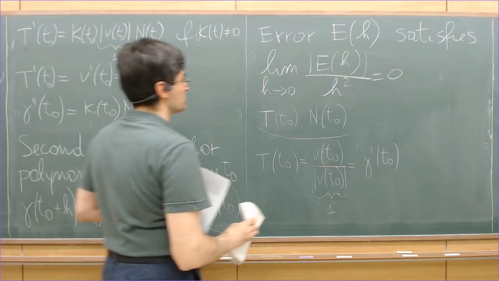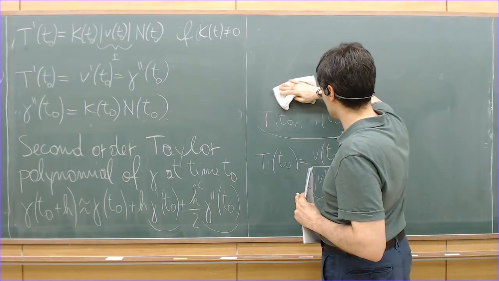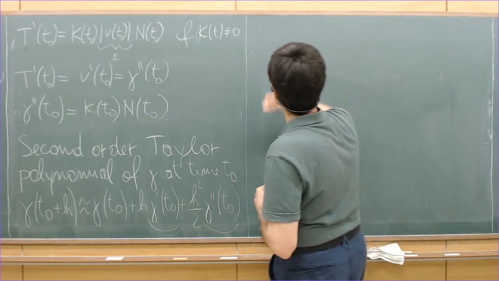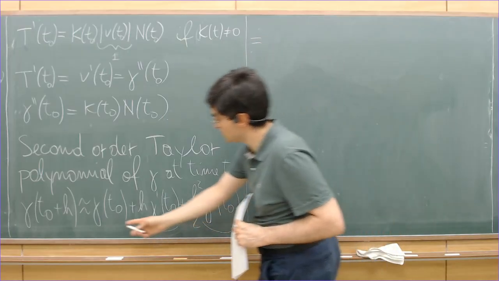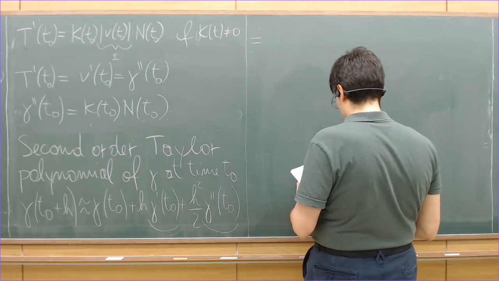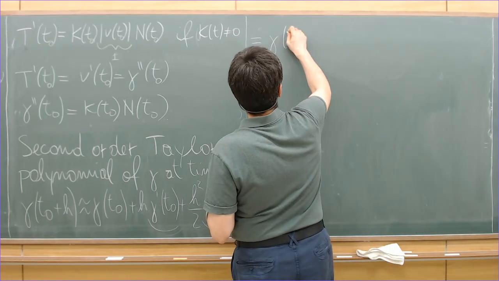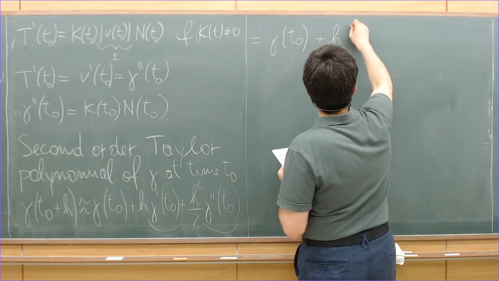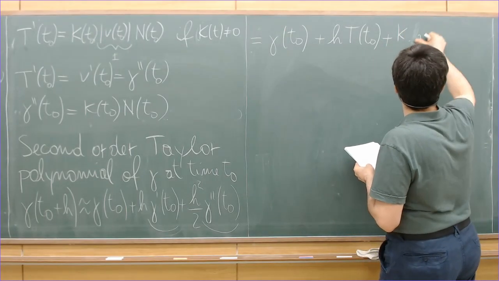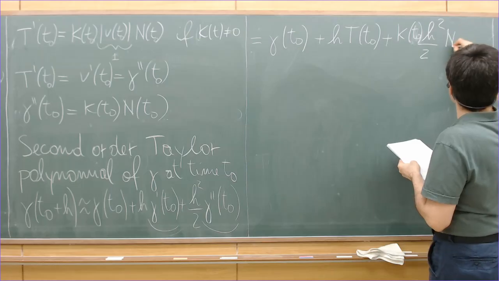So let's erase the right hand part of the blackboard and write that this polynomial here is also equal to gamma of t0 plus h T of t0 plus k of t0 h square over 2 times N of t0.